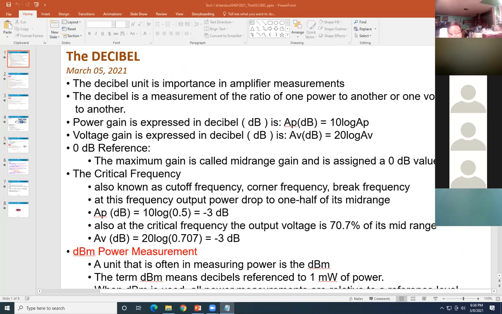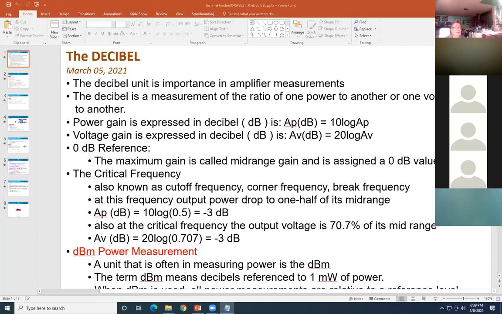Voltage and the current use the same formula, 20 log. Only power is 10 log. That's the difference. Okay. The maximum gain equals the mid-range gain and is assigned 0 dB.